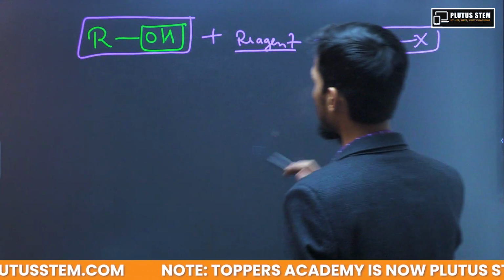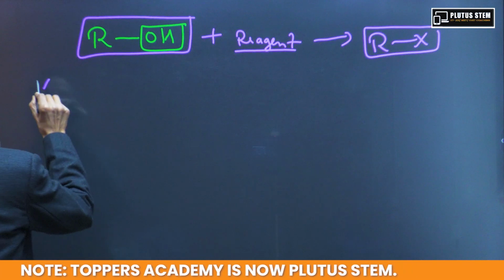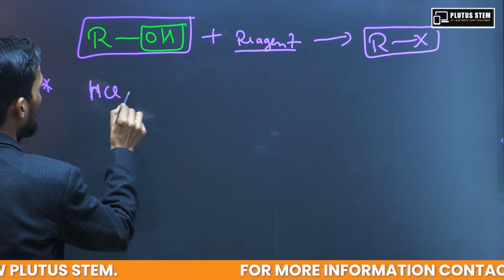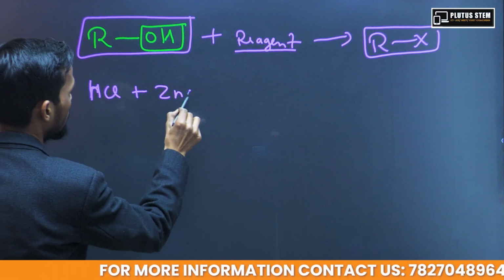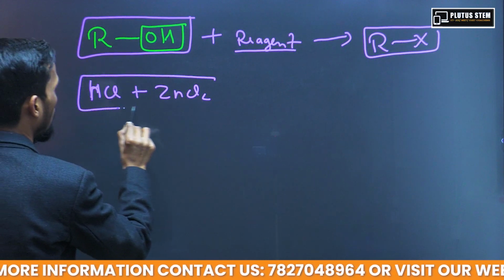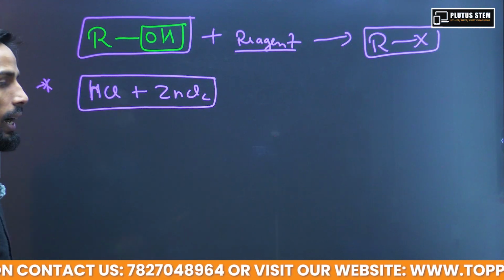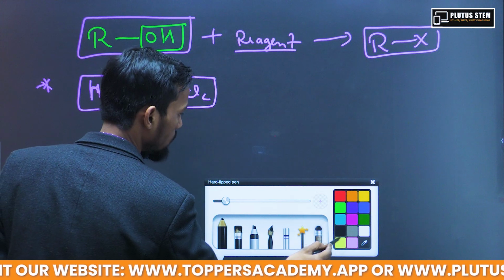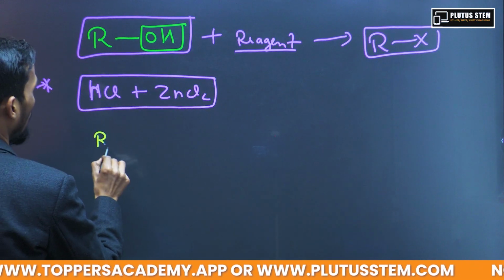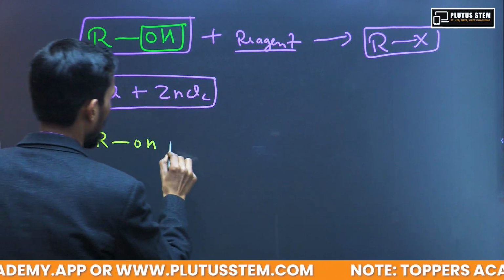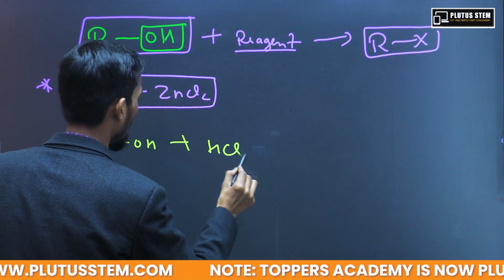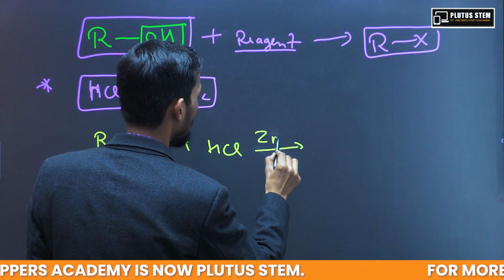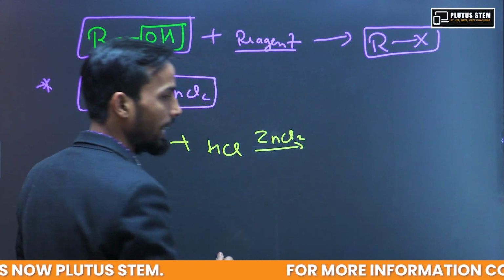If you see the first reagent, HCl plus ZnCl2, how is it going to give the alkyl halide? For that we see that this ROH reacts with HCl in the presence of ZnCl2, which is acting as a catalyst.